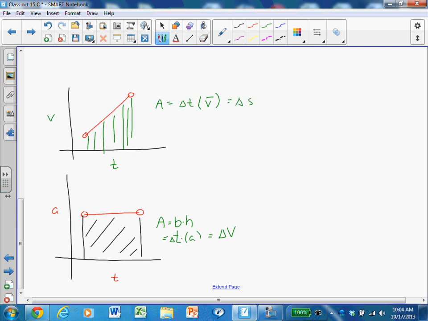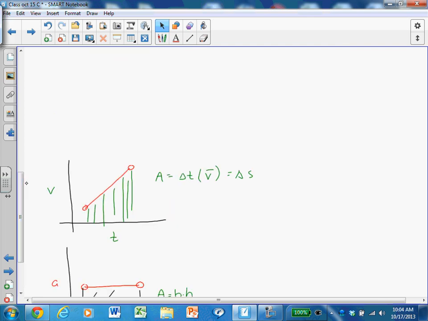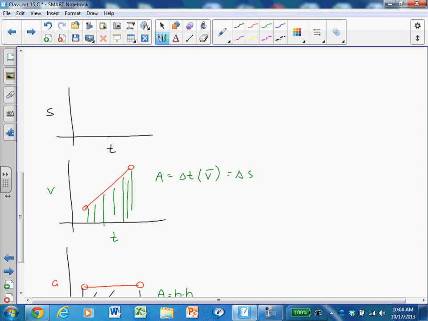Now let's think of our S here. Remember, going this way, the slope on the position versus time graph gives us velocity. So if our velocity here is low, our slope must be low.